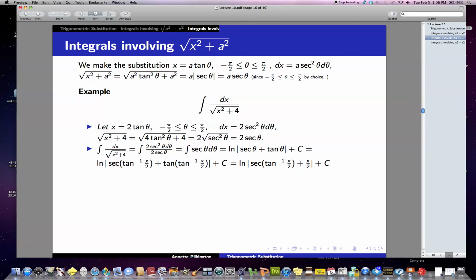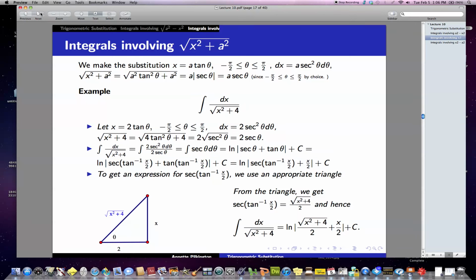And now we'd like to translate the secant of tan inverse of x over 2 to an expression in x, and once again we use the right angle triangle. We create one where we have an angle where the tangent of the angle is x over 2, and then we figure out what the hypotenuse is here.